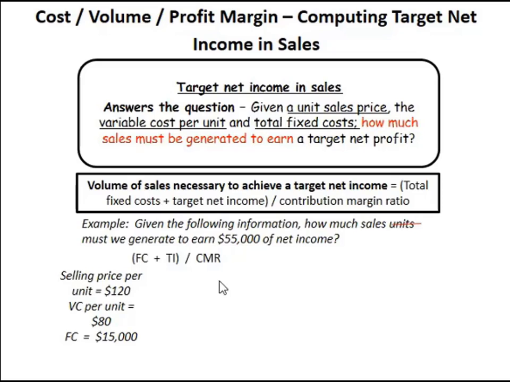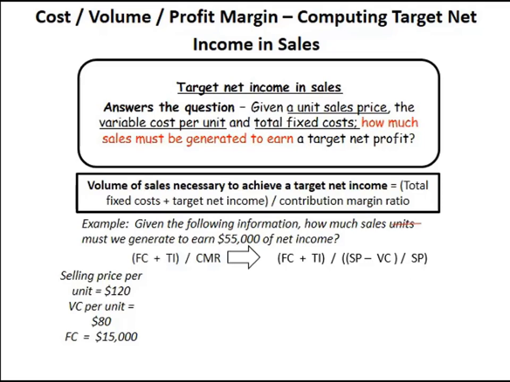So again, I'm going to take my formula and break it down into its variables. It's going to be my fixed cost plus my target income divided by my contribution margin ratio, which consists of my selling price per unit minus my variable cost per unit divided by my selling price.